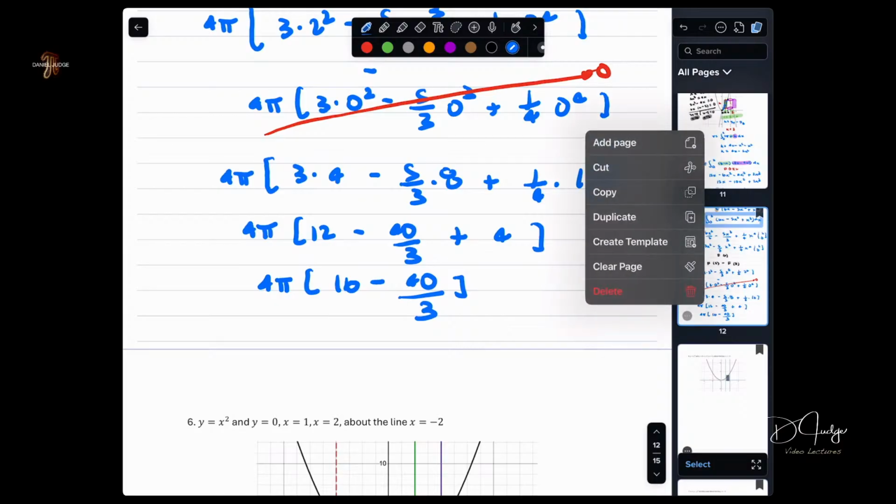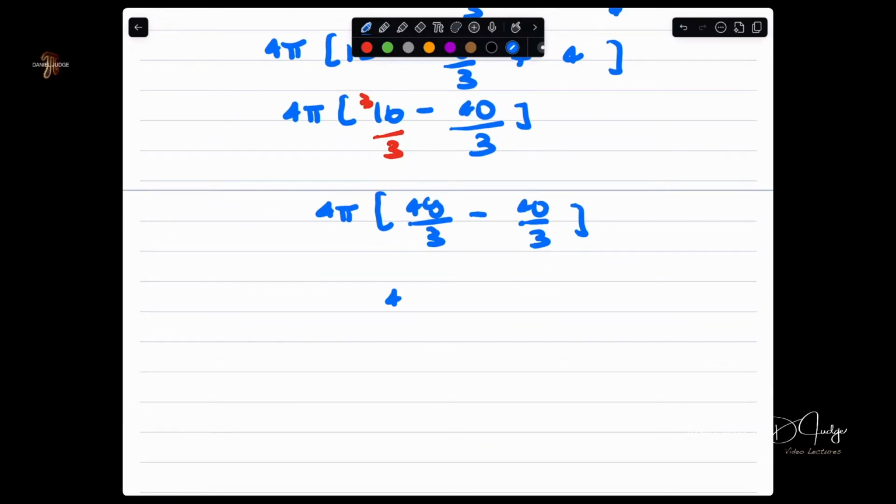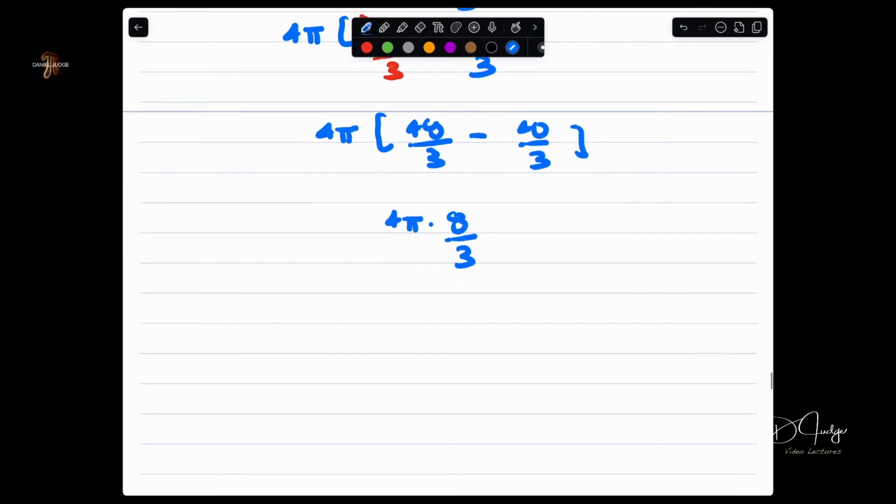Okay. And we can take a whole number and subtract a fraction. For pi. 48/3 minus 40/3 gives you 8/3. 32 pi over 3.